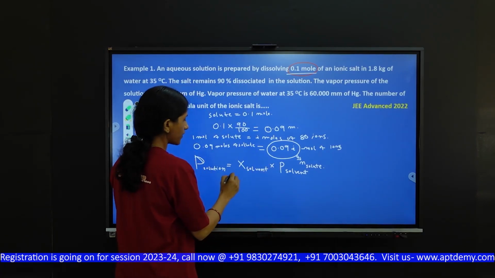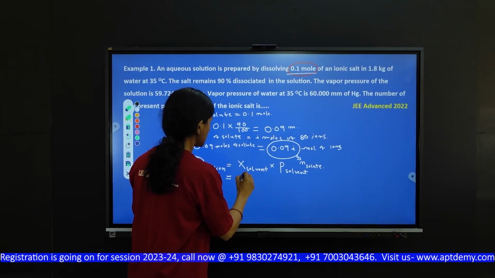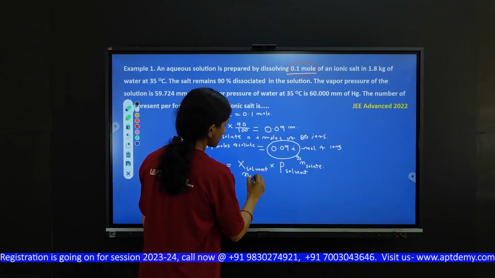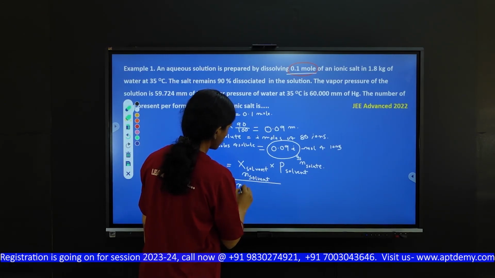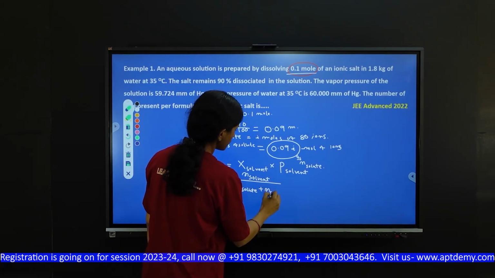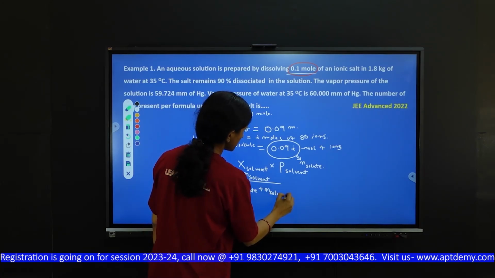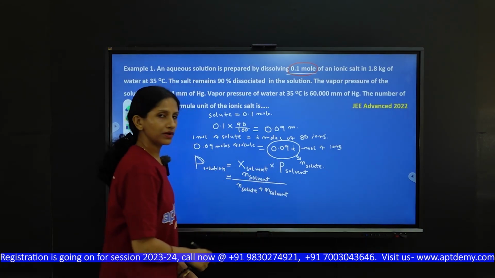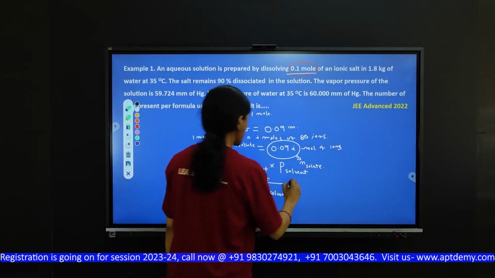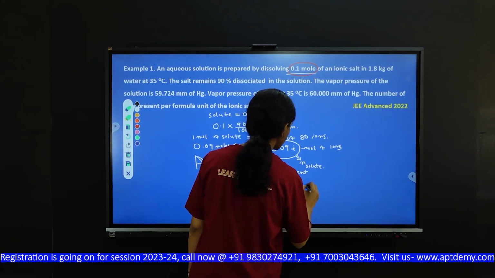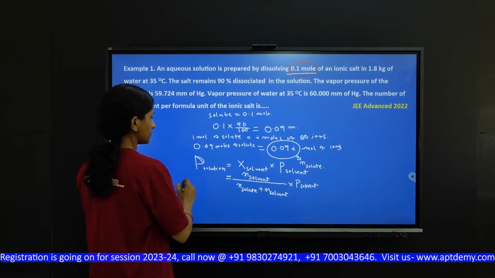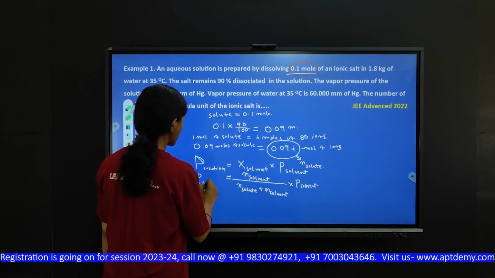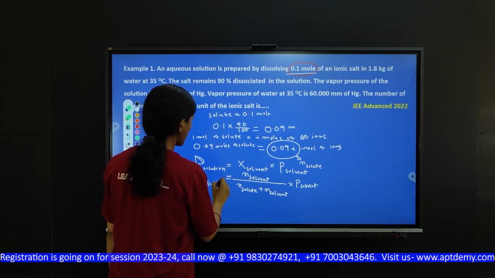This mole fraction can be written as number of moles of solvent, n solvent, divided by the number of moles of solute plus number of moles of solvent, that is the total number of moles in the solution, times P solvent, right? So this is your vapor pressure of solution expression.